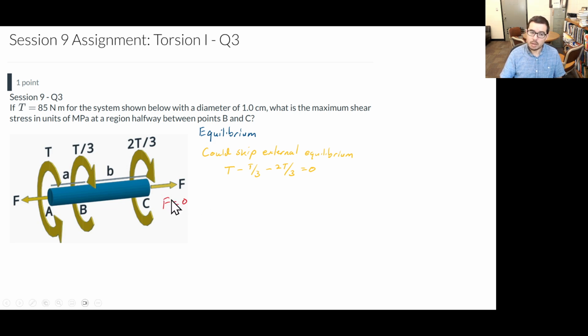So we have these torques on this shaft, and we then turn toward what's going on inside the shaft.